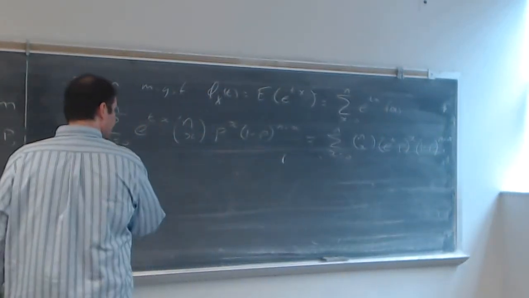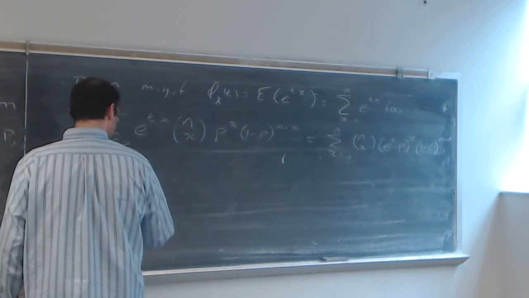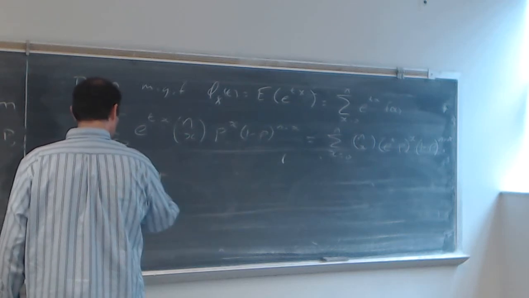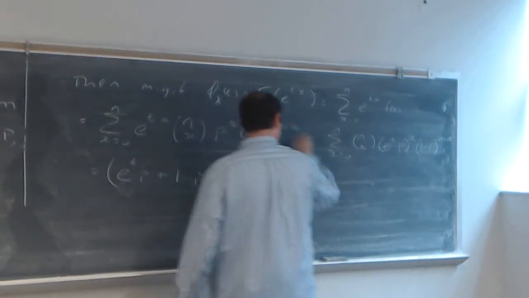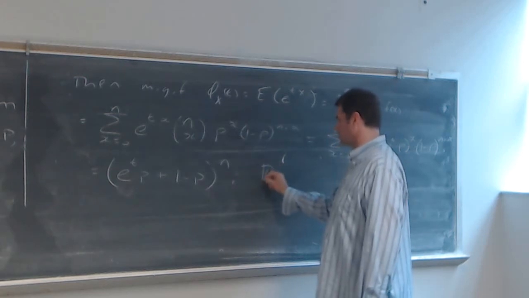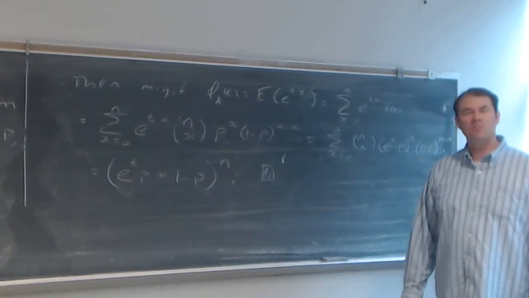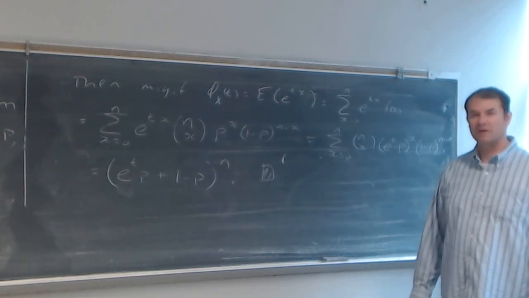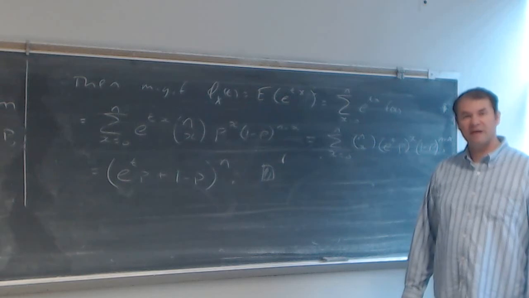What we end up getting is e to the t times p plus 1 minus p, and then this would be raised to the n. And that's what we wanted to get. Wonderful. Well, wait a minute. I remember things about the binomial random variable. Like I remember its expected value. And so its expected value was n times 1.